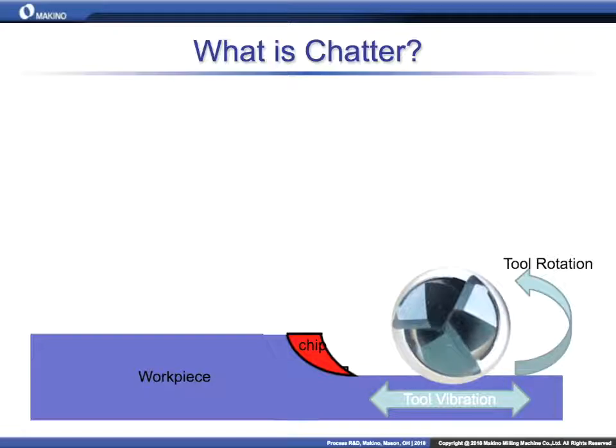It'll make more sense when we bring up the next diagrams. In this type of chatter, your previous tooth passage sheared off a chip and created a surface. That's the right side of that red chip that we have there.